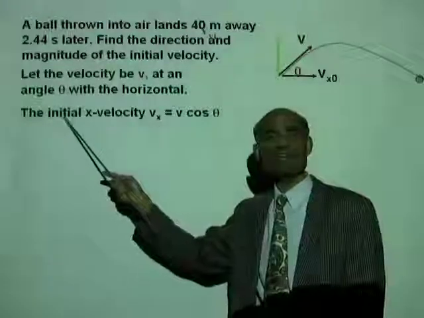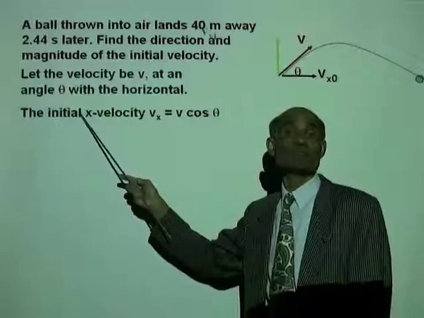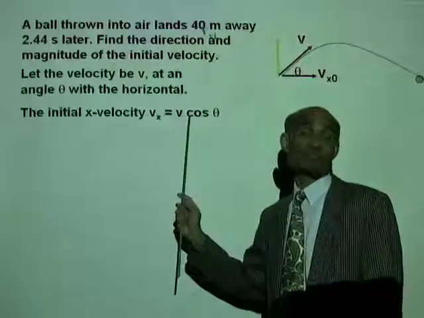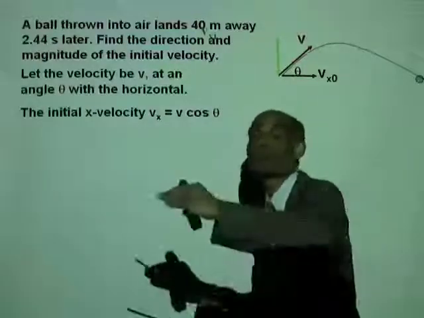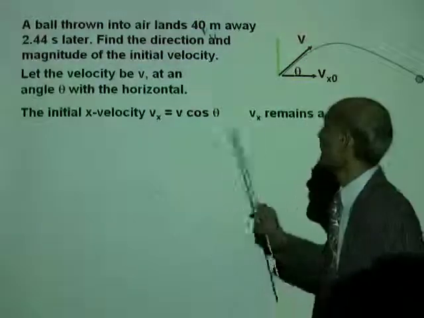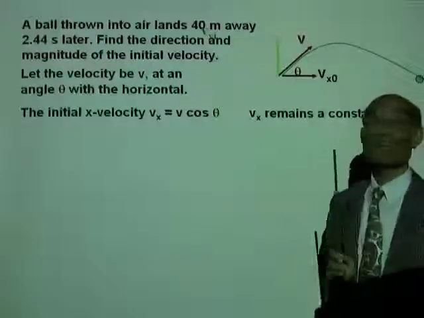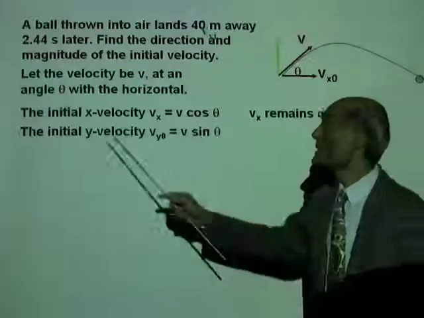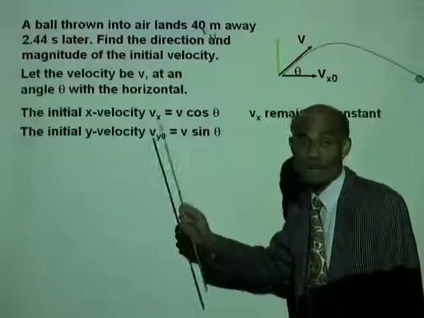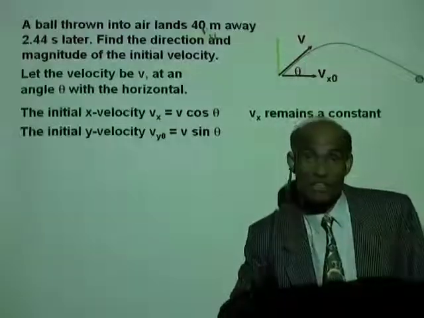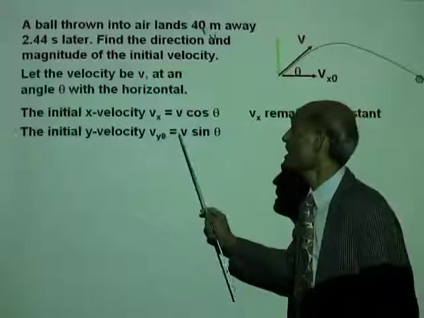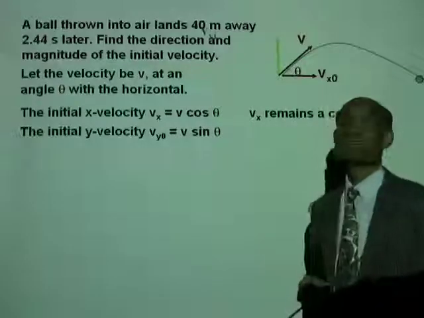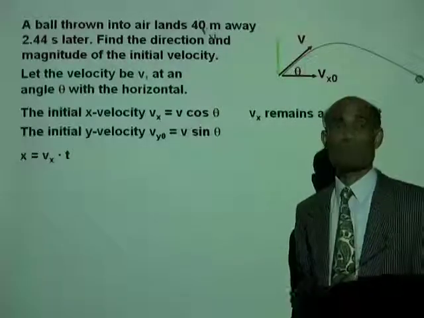Now, did I really have to call it initial? Well, this is the initial and also the final, because the x velocity will not change. Vx remains a constant. The initial y velocity, yes, we have to say initial, because the y velocity keeps on changing. Vy0 is V sin theta.